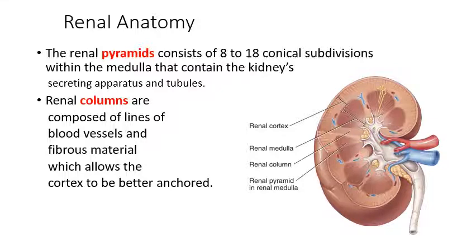Okay, so looking again at that renal medulla, we can see that the medulla is divided into these triangle shapes, which are called renal pyramids, and then in between the pyramids are columns. So renal columns separated by renal pyramids, and then another renal column and another renal pyramid. This is how the inside of each kidney is arranged.